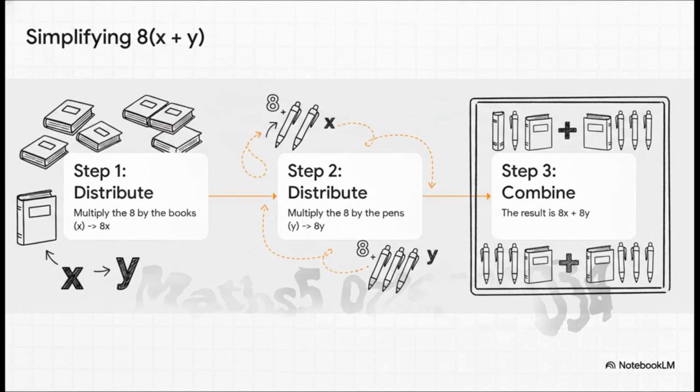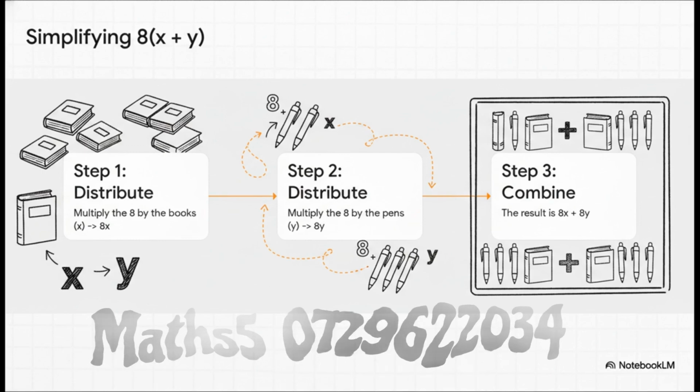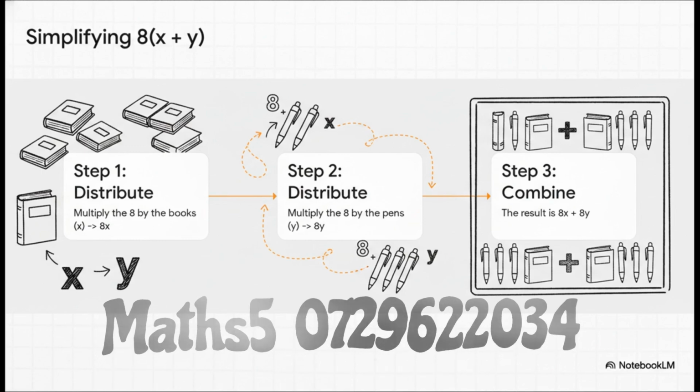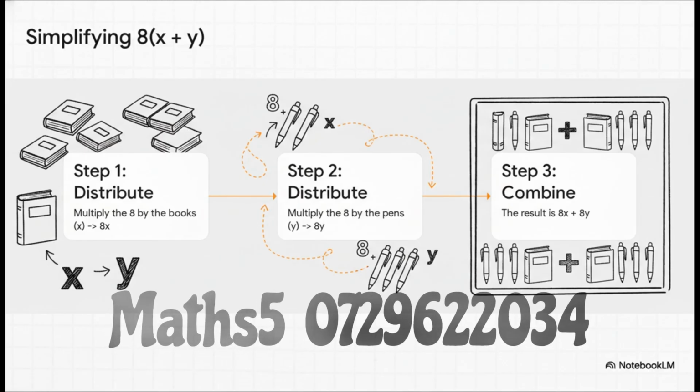Here's how it works. You don't just multiply the parcel as a whole. You have to distribute that 8 to everything inside it. You gotta share the love. So you multiply the 8 by the X books, and you get 8X. Then you multiply the 8 by the Y pens to get 8Y. So the grand total is simply 8X plus 8Y.